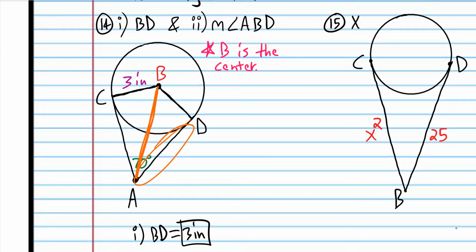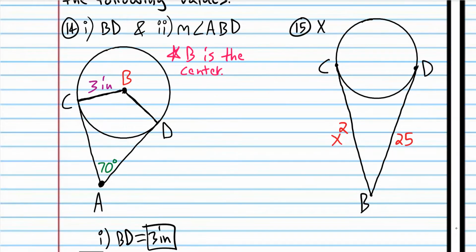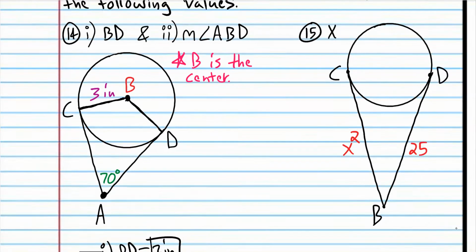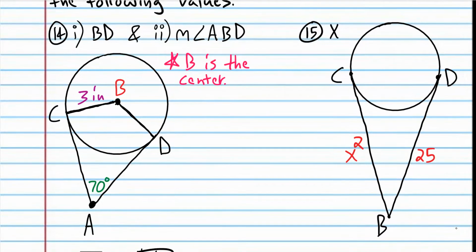So we can use the SSS theorem to say that those triangles are congruent, and we can just cut this angle in half. There's a lot of different ways to do this problem, but we're looking for the measure of angle ABD, so that's this angle here. We want that angle there.